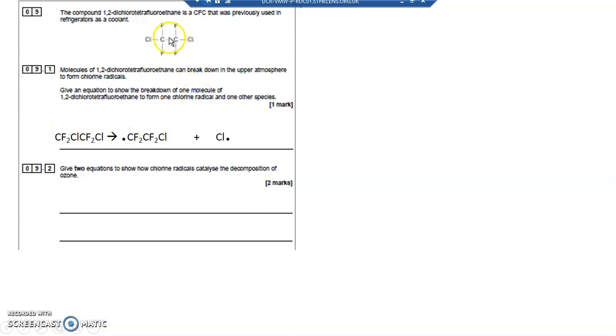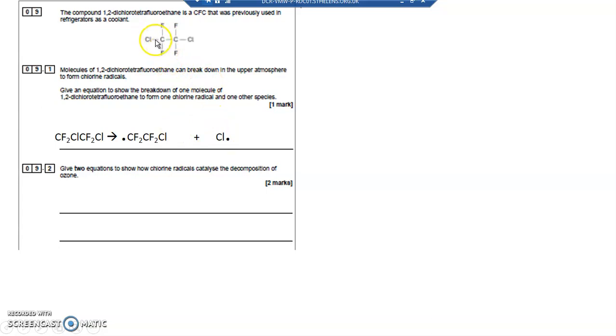So what you've got is CF2Cl-CF2Cl, which I've drawn as a condensed formula here, goes to, I've broken off this Cl here, but I could have broken off the Cl at the other end. So I've broken this, and this carbon here now has a dot, and the Cl has a dot as well.